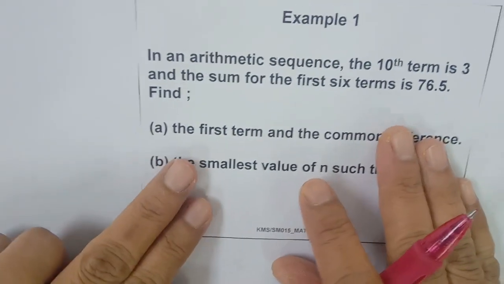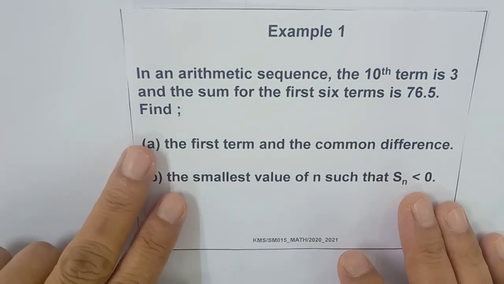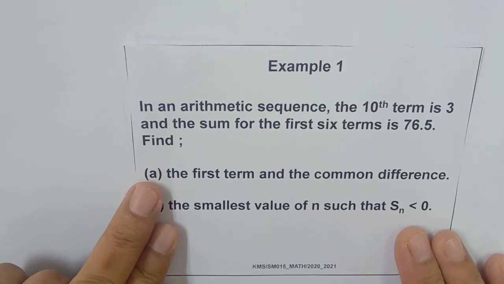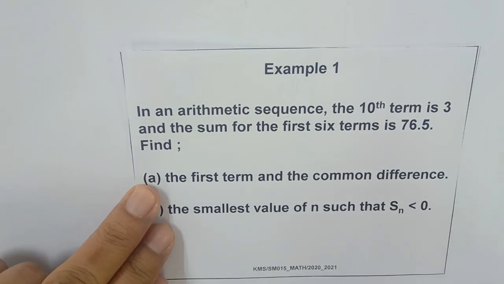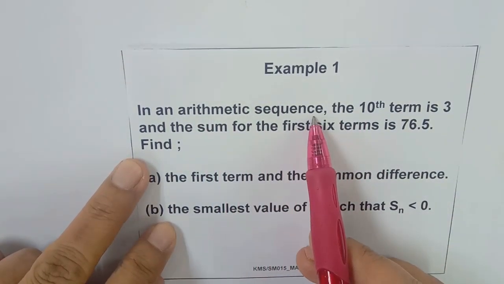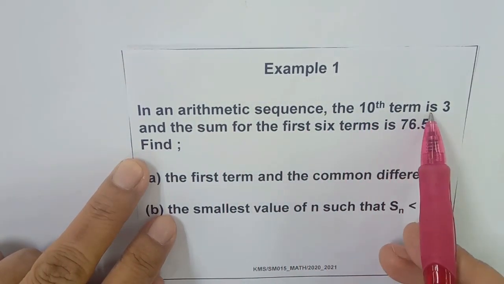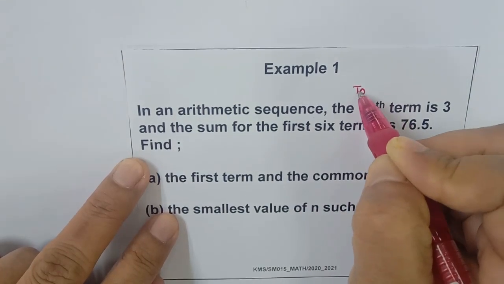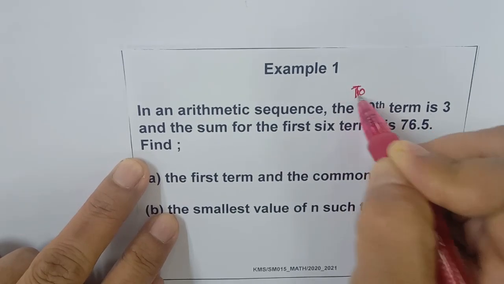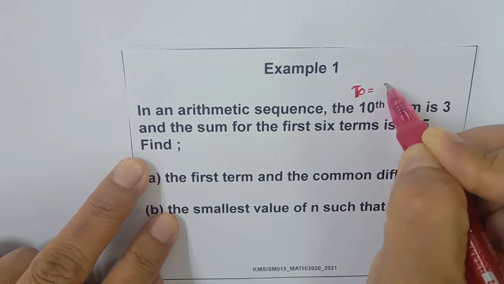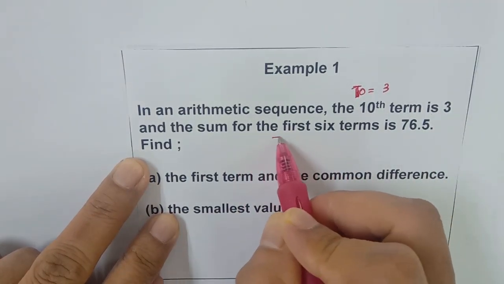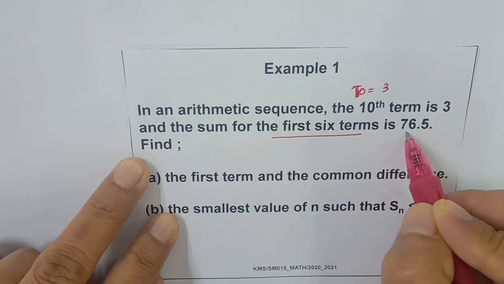Okay, next we go to example 1. In an arithmetic sequence, the 10th term is 3. So given the 10th term T10 equal 3, and the sum of the first 6 terms is 76.5.